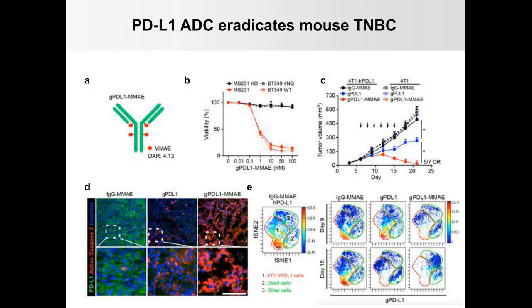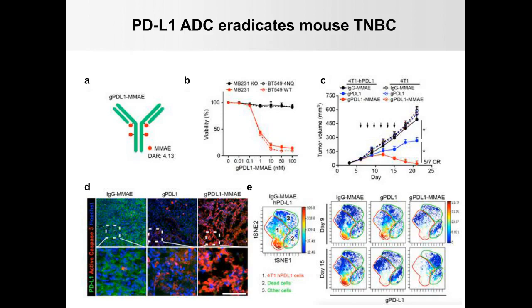So why are this internalization and degradation so important? Because recently, there is antibody-drug conjugation technology available. So we are thinking whether we can take advantage of this to conjugate a cytotoxic drug onto our antibody. In this case, we chose MMAE as our warhead, and we conjugated it.